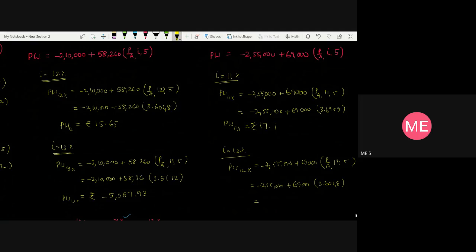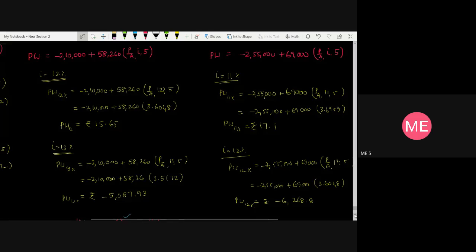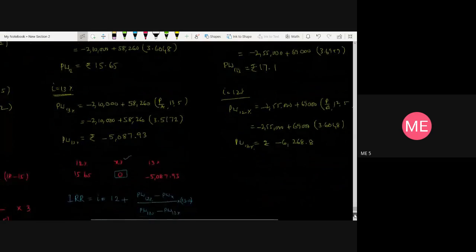By substituting this, present worth at 12% is rupees minus 6,268.8. So we have got the present worth going from positive to negative.